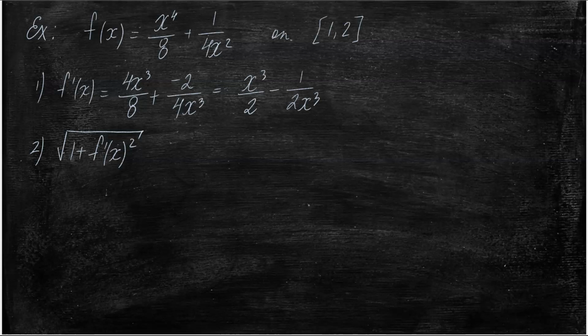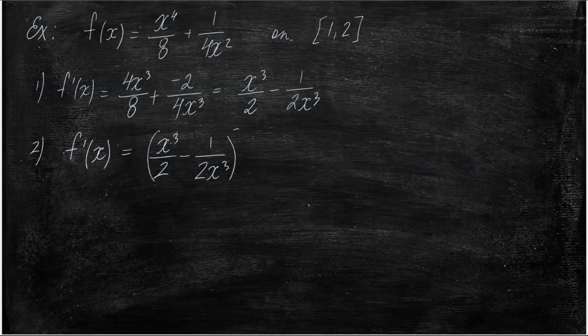And now we're going to create an expression like this, but we're going to do it in steps. So we're going to do it even slower. First, we're going to square this. And to square this, I'm going to use this formula. To square the difference of two numbers, we square the first, subtract 2 times the product, and then add the square of the second one.